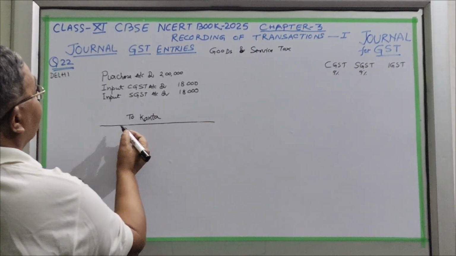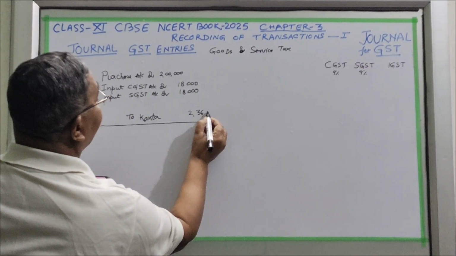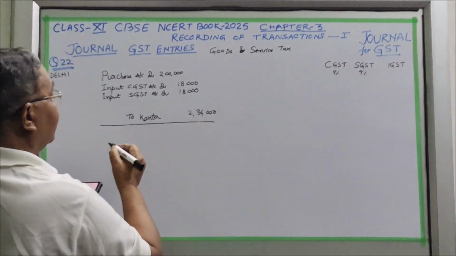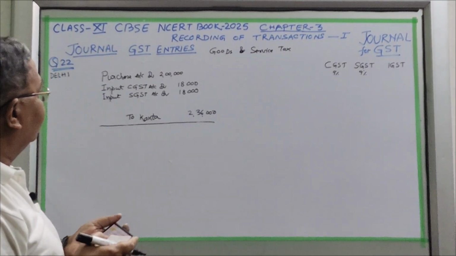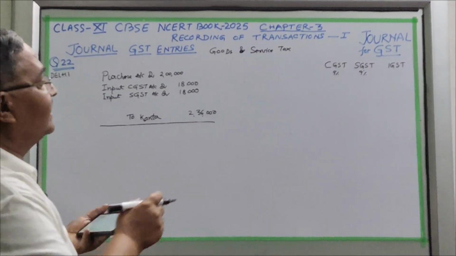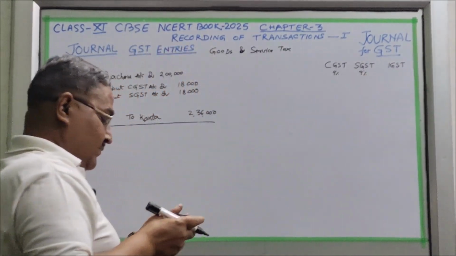To Kanta, total amount will be 2,36,000. It is a local purchase from Delhi itself. When anything is a local purchase, we pay CGST and SGST.